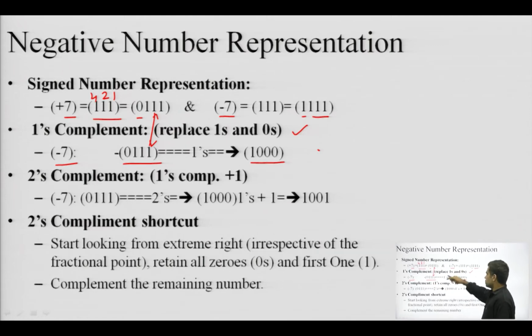So, 0's one's complement is 1. Similarly, the 2's complement of this minus 7 is, this is the one's complement, if I add 1 to it, ultimately this becomes 1001. So, this becomes the 2's complement of minus 7.